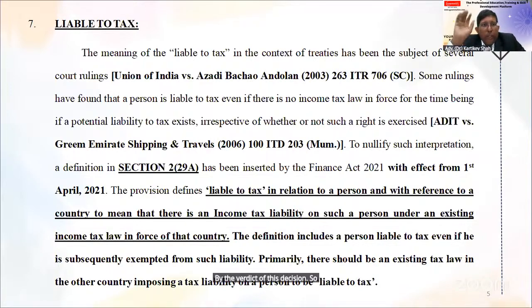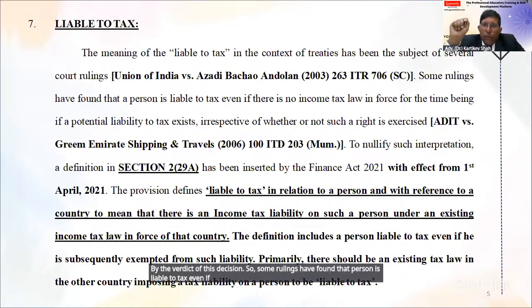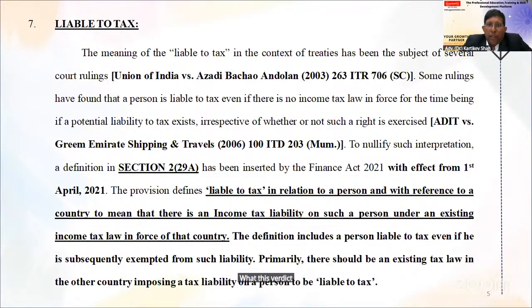Some rulings have found that a person is liable to tax even if no income tax law is in force for the time being, if a notional liability for tax exists. So what this verdict said is that even if a country has no income tax law, still because of the earning of income, he is liable to tax.